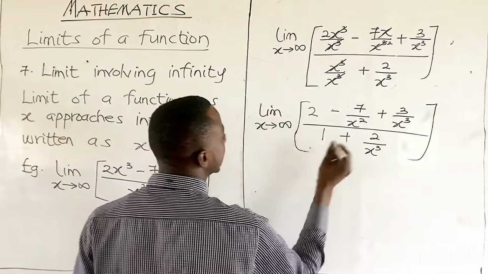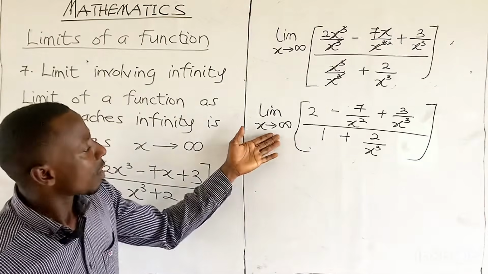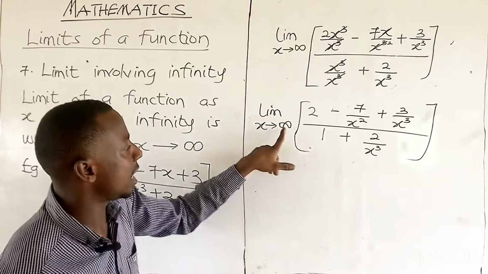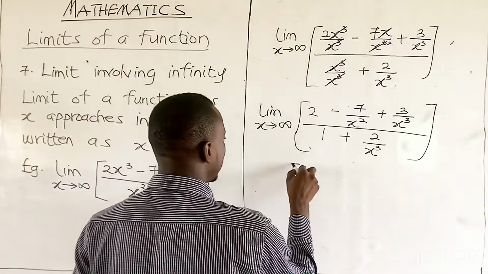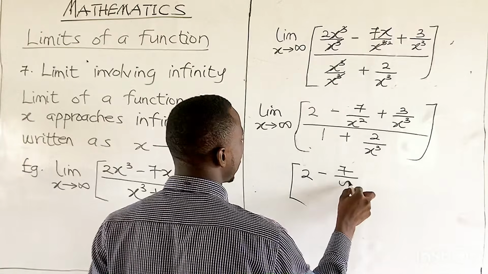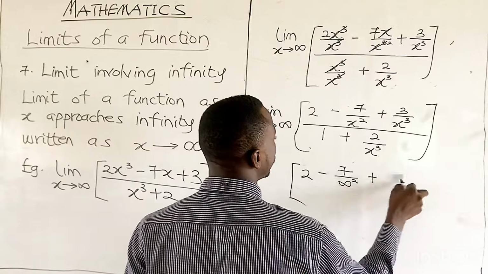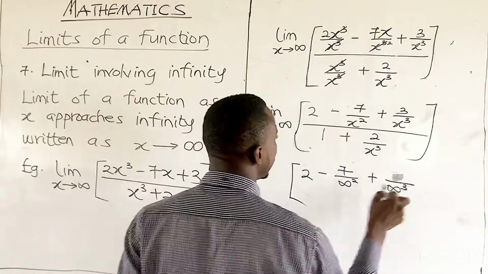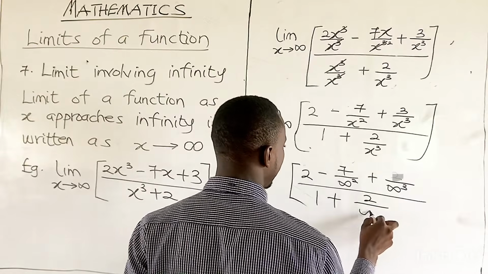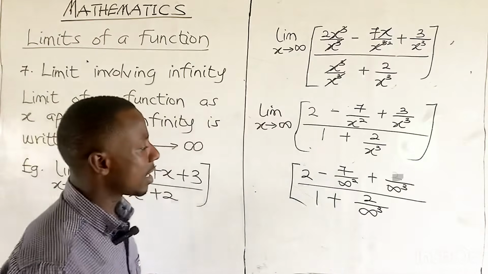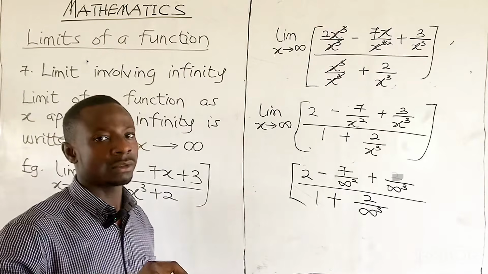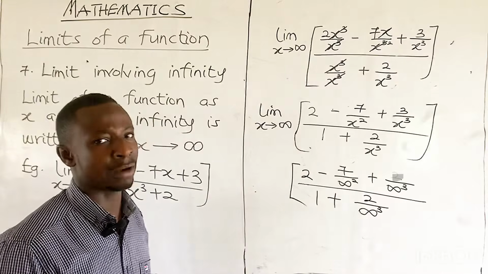So we are still looking at limits. After reducing the values of x, we can now substitute the infinity. In substitution, we have 2 minus 7 over infinity squared plus 3 over infinity cubed, all over 1 plus 2 over infinity cubed. When we divide 7 over infinity, it approaches 0 because you are dividing by a very large number.